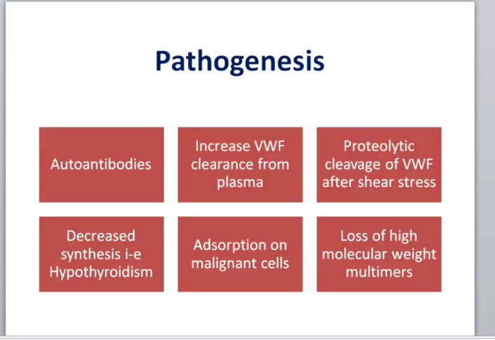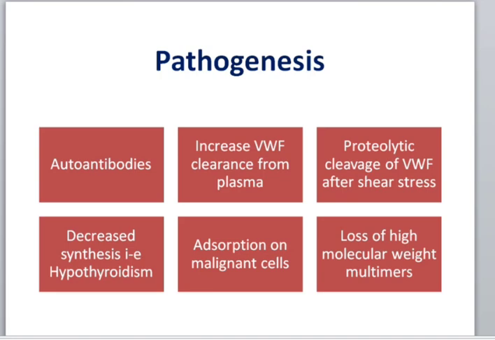The pathogenesis, we mentioned, can be secondary to autoantibodies or increased clearance from the plasma in case of proliferative diseases, or proteolytic cleavage of von Willebrand factor after shear stress in case of cardiovascular diseases like LVOT obstruction or aortic stenosis.